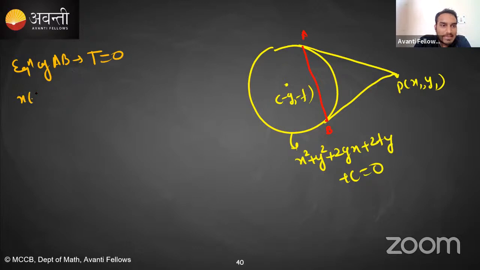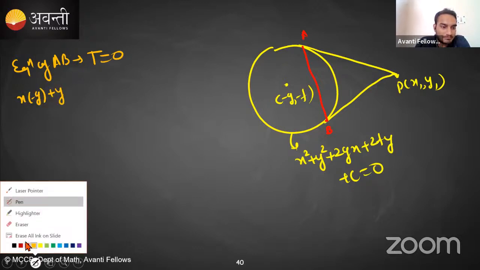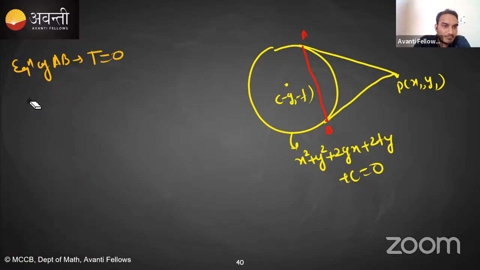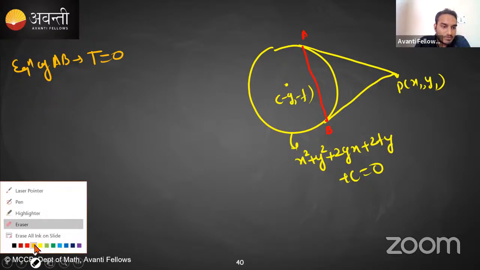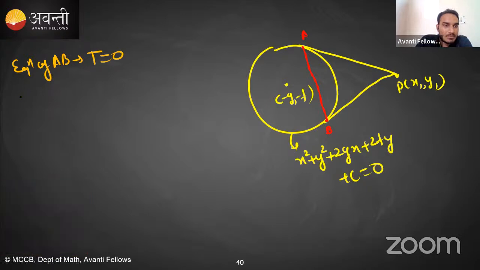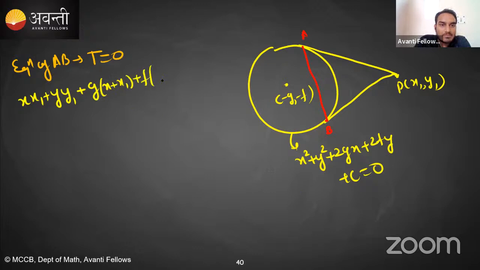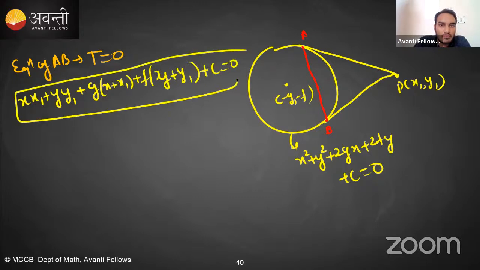That is xx1 + yy1 + g(x + x1) + f(y + y1) + c = 0. So this is the equation of chord of contact.